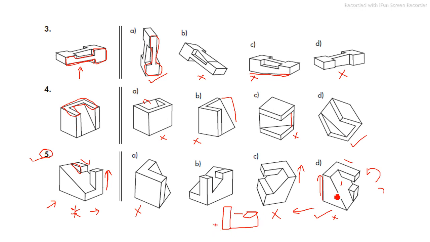So this cannot be our answer. So this will be our answer. So you have to be careful while solving these kind of questions. I hope you are able to get this thing. If not, then please go back and see it again so that you can understand the things. Because here we will have the mirror images. Moving on to next.